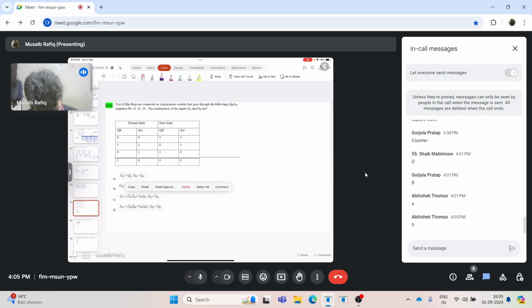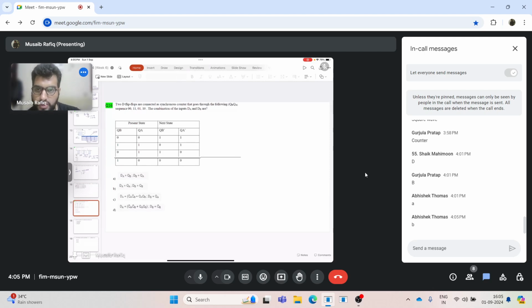Now I have this question for you to solve first, then I'll show the solution. The question states that two D flip-flops are connected as a synchronous counter that goes through the following QB QA sequence: 00, 11, 01, 10, 00. Find the combination of inputs DA and DB. Four options are given. Please type the correct option in the chat box. I'll give you 3 minutes to solve this.